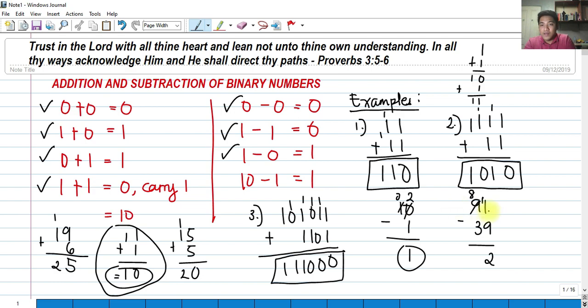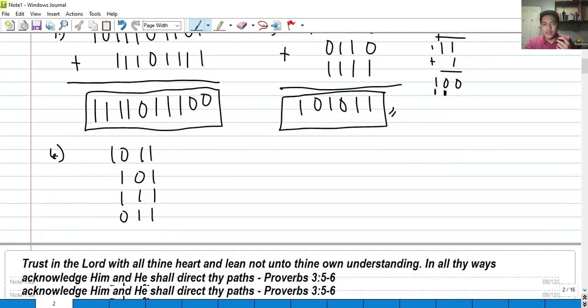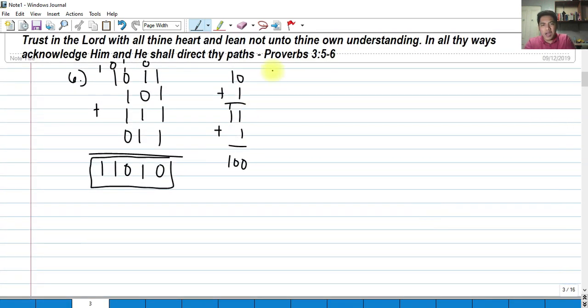Since this is a decimal system, this digit borrows 10 from its preceding digit. Here we have to borrow 2 because we are only in the base 2 number system. So subtraction has a similarity whether we are subtracting in the decimal system or any other base.